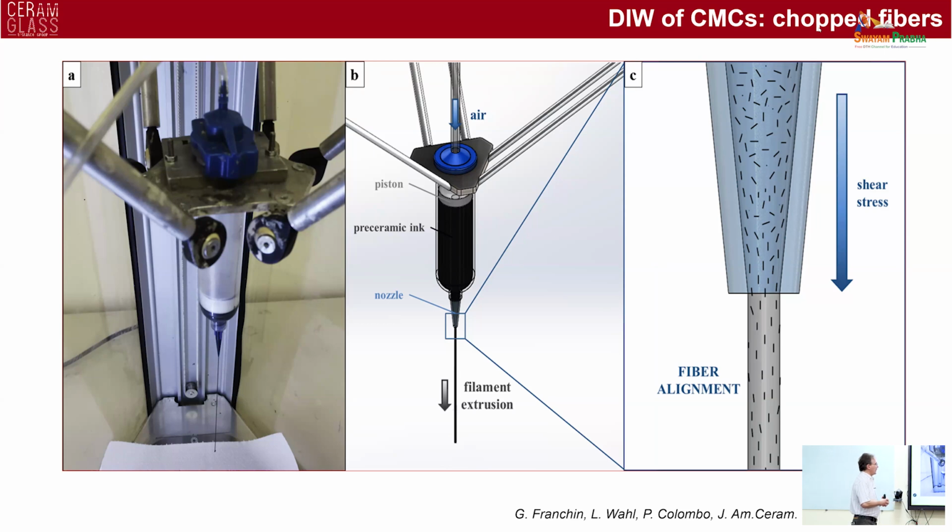Coming back to this slide, besides having a filament that contains both continuous fibers and matrix, one approach that people have been using is direct ink writing. And you can see here, this is one of our earlier setups. We have, in this case, a syringe with a gas-operated piston.